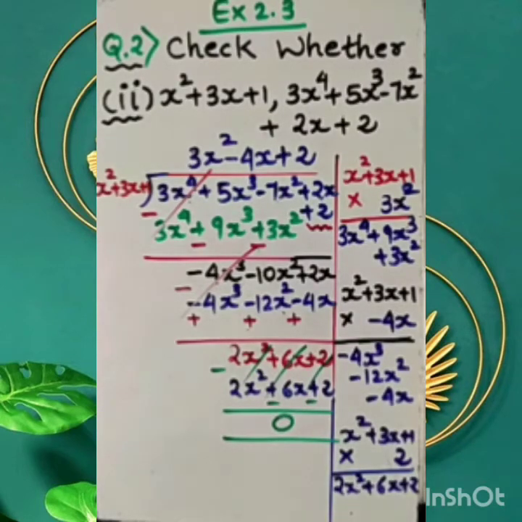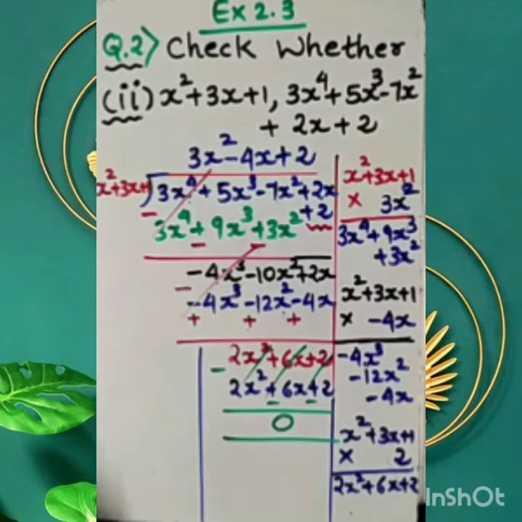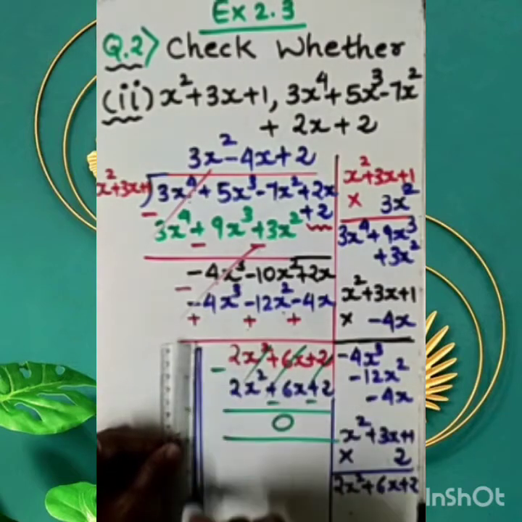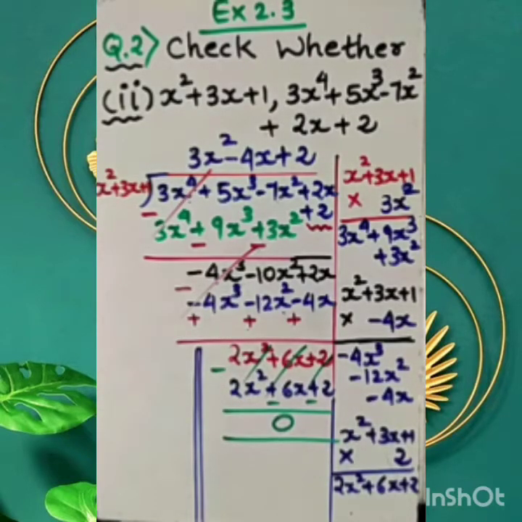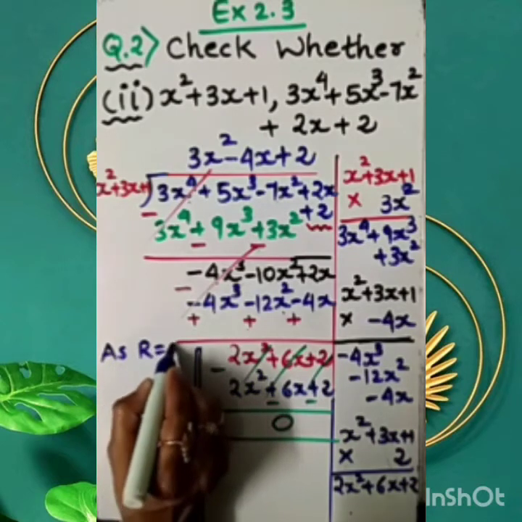So dear student, again you have seen here we got the remainder 0. So the final answer we have to write in a particular sentence is: remainder equal to 0.